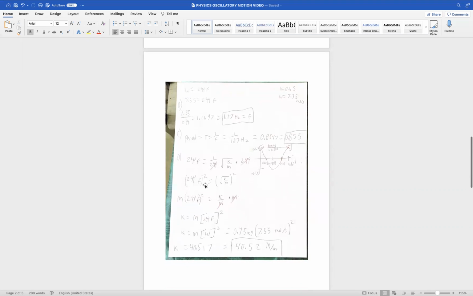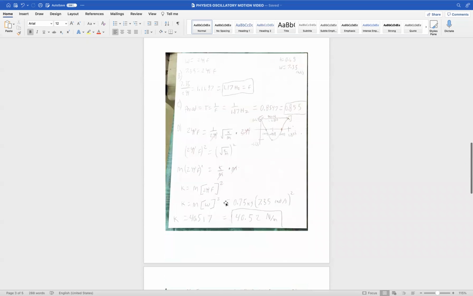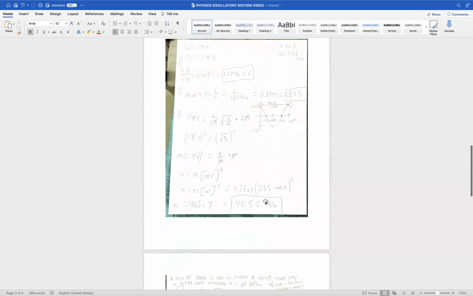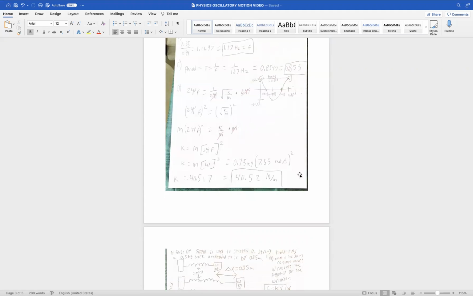You get 2 pi f squared, and then you continuously move down. m times 2 pi f squared equals k, and then you just plug and chug, and you get down to the mass times the W squared, which comes out to 40.52 newtons per meter.